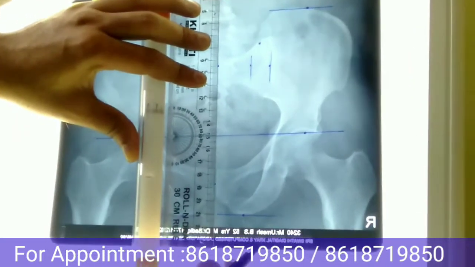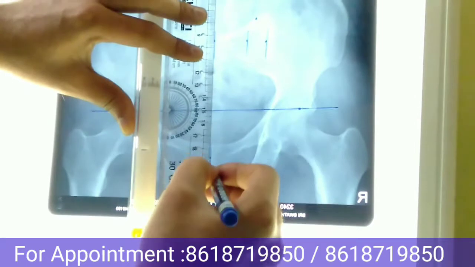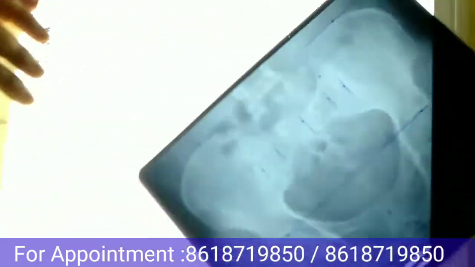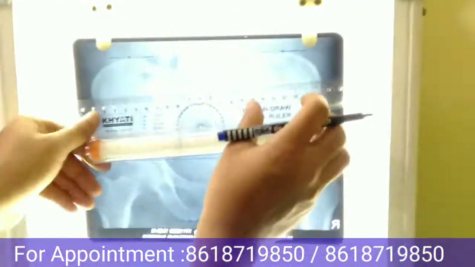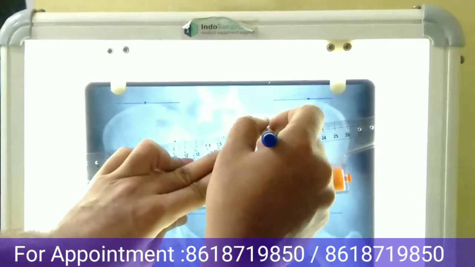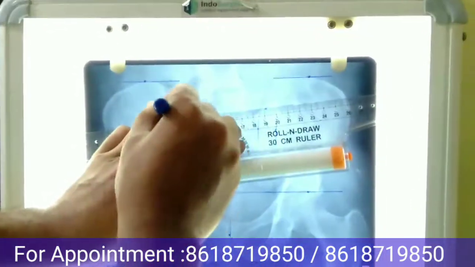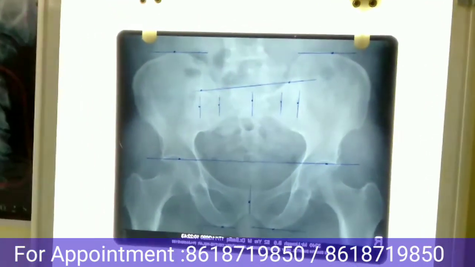This is exactly the 90 degrees. And then we are going to make the sacrum baseline.